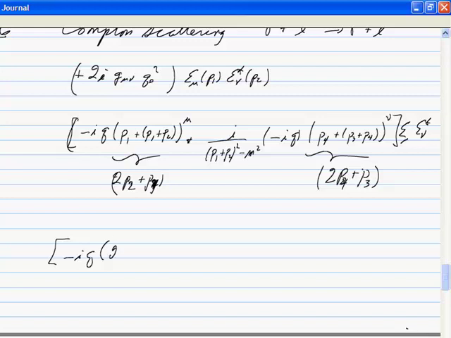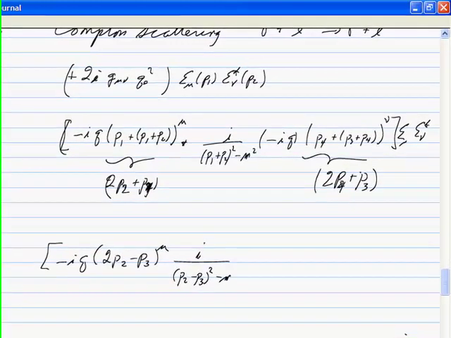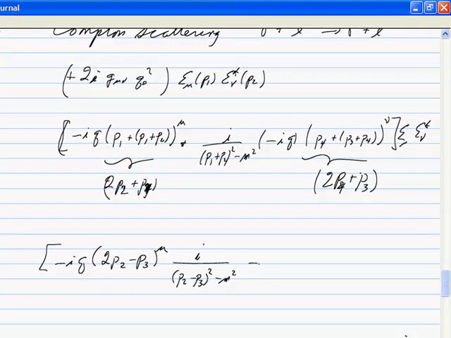It's 2P2 minus P3 mu, i over P2 minus P3 squared minus m squared, minus iQ.